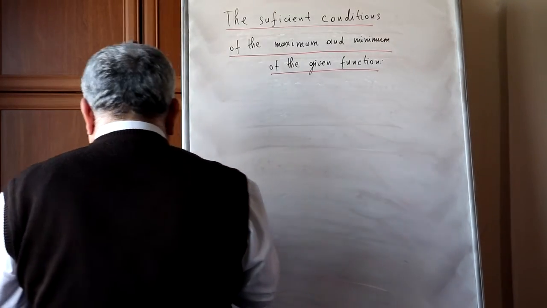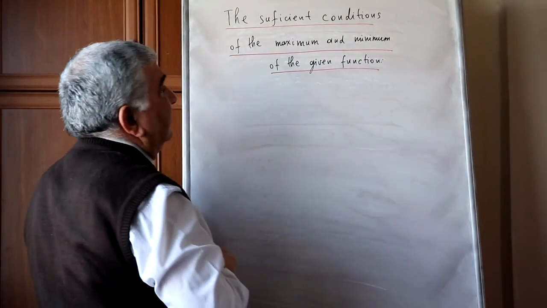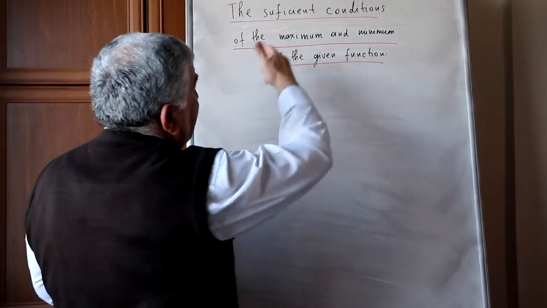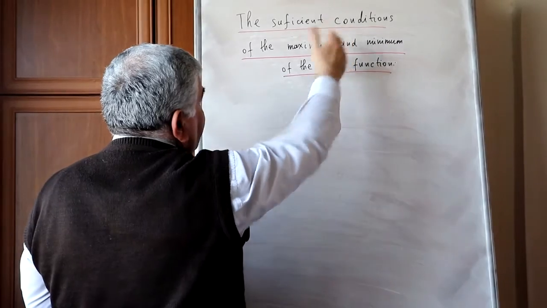Sufficient in Azeri is kafi or yeterli. In Russian it is достаточно. Kafi şərtlər, достаточные условия.